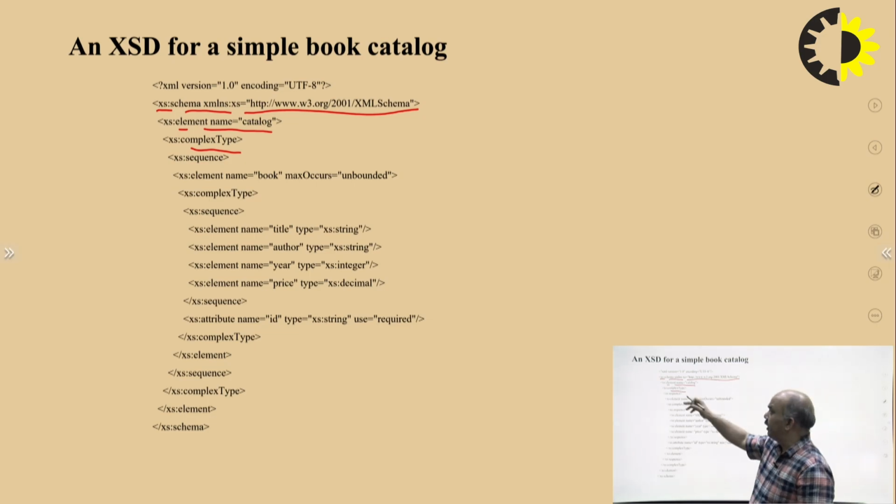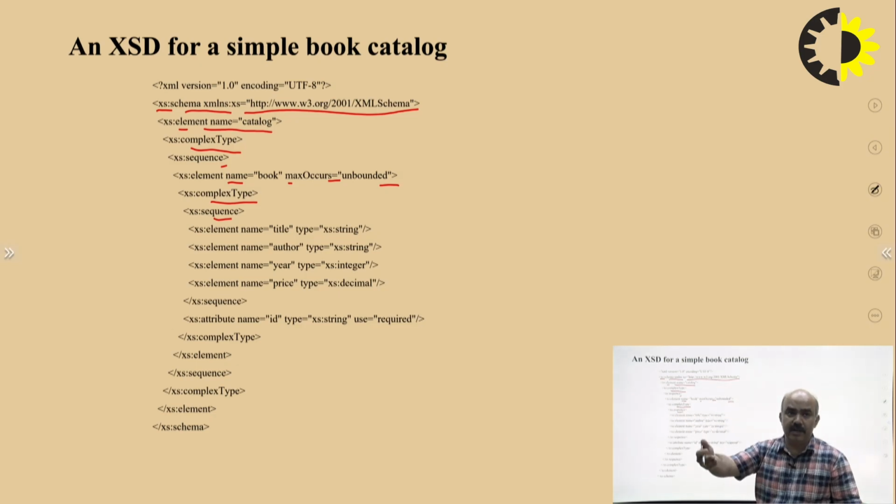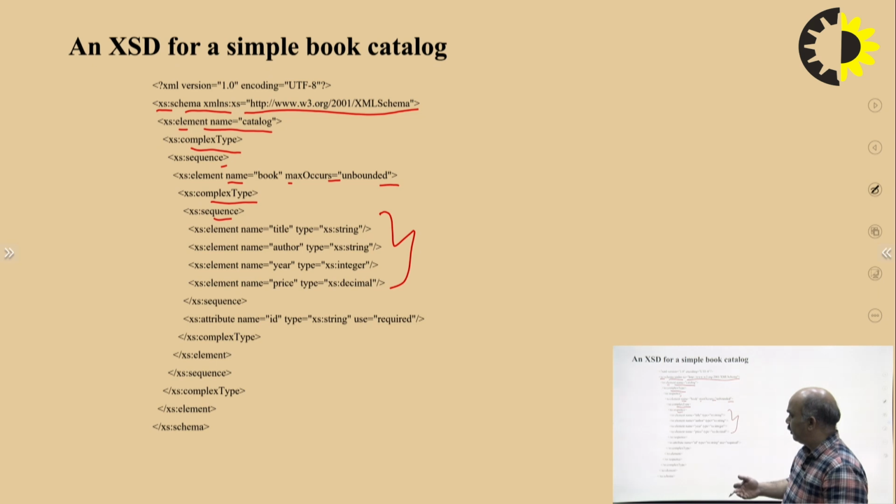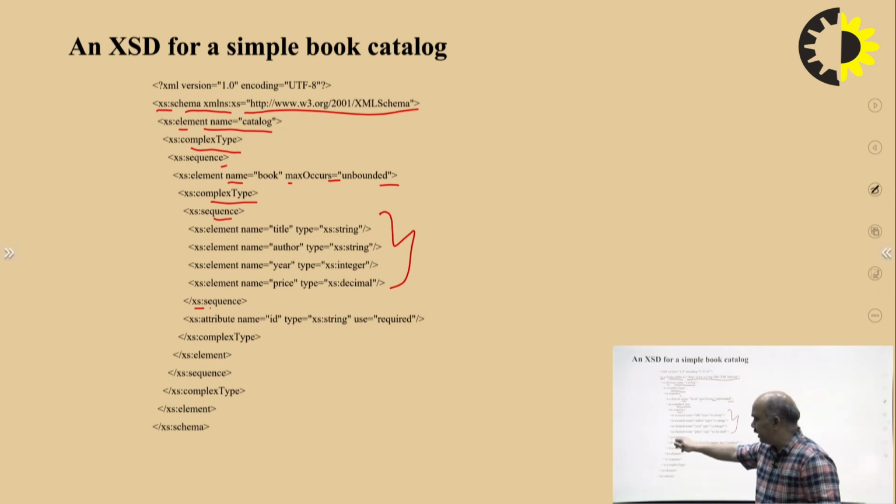Then the sequence defines element name book, maxOccurs unbounded. Then we close the complex type. Then in the sequence, we have title, author, year, price, which describe the elements for the first book. Then we close that sequence.